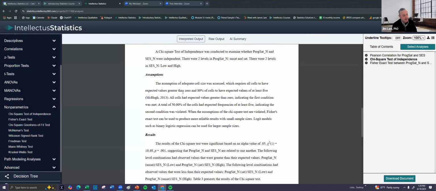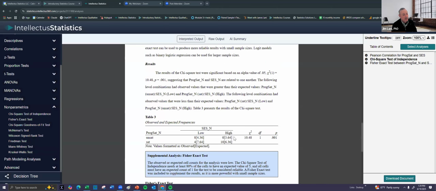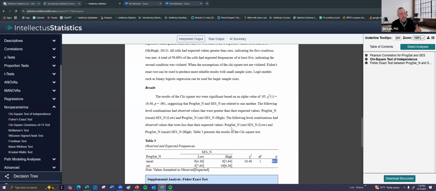You can see the chi-square has assumptions, and you can see that there's a significant relationship between program satisfaction, satisfied versus unsatisfied, and SES, low versus high.